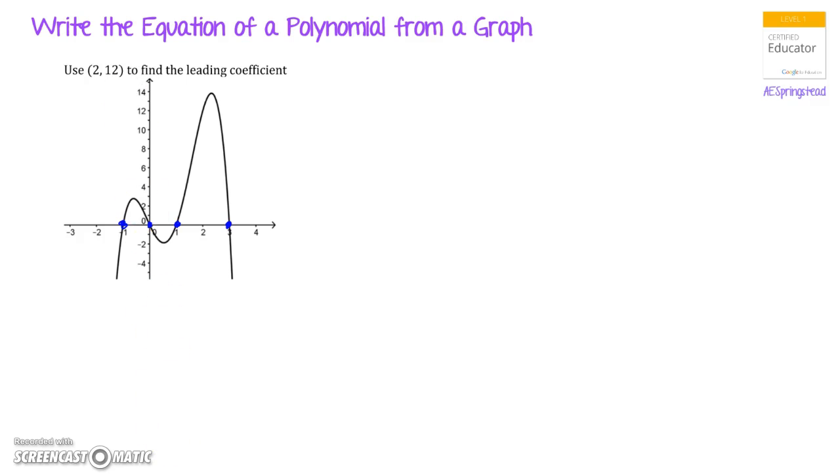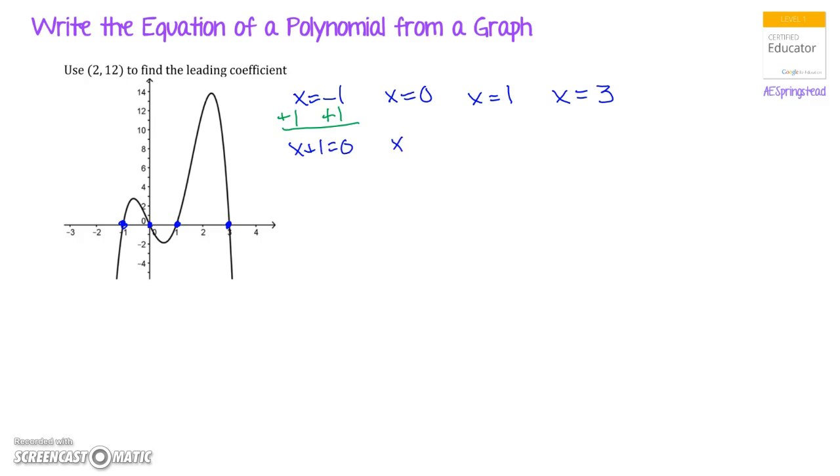The first thing we need to do is to write an equation for each of those zeros, and that's just by writing that x equals -1, x equals 0, x equals 1, and x equals 3. After that, we need to rewrite each of those equations so that they are equal to 0. So this first one means we're going to add 1 to both sides, and that gives me that x plus 1 equals 0.